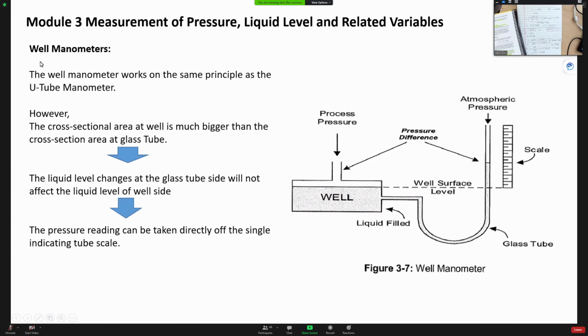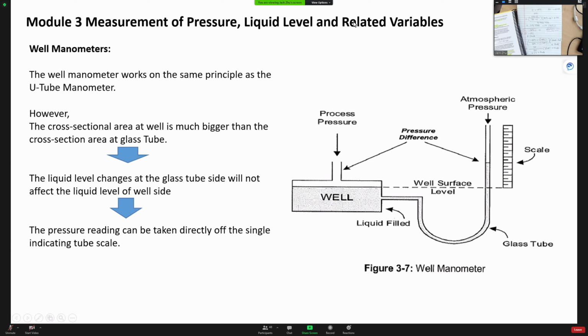They have some kind of improvement. They call it a well manometer. They try to make a big surface on this side. So when the pressure in the process causes the liquid to flow in there, because this tube is very small but the well is very big, you're not going to change the liquid level in the well too much.